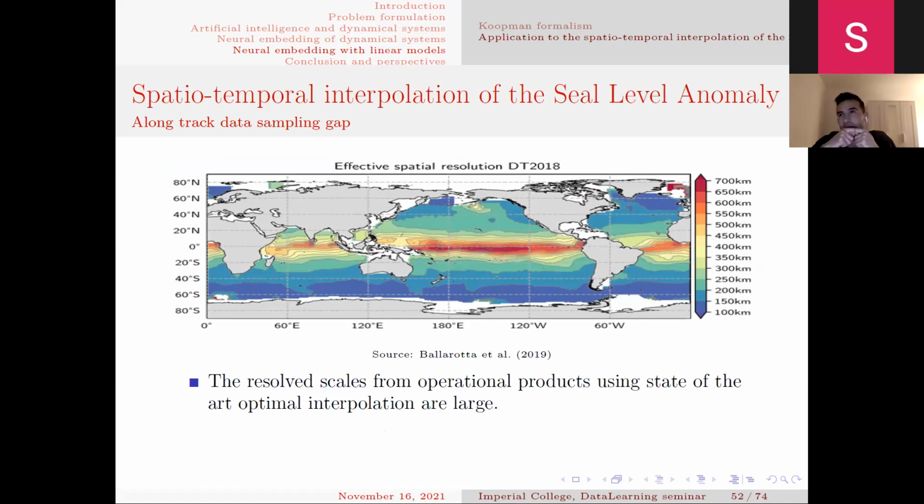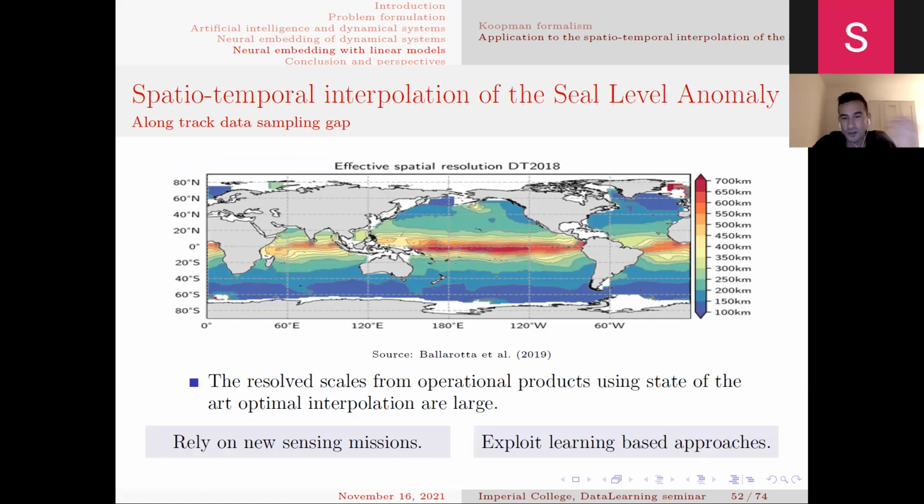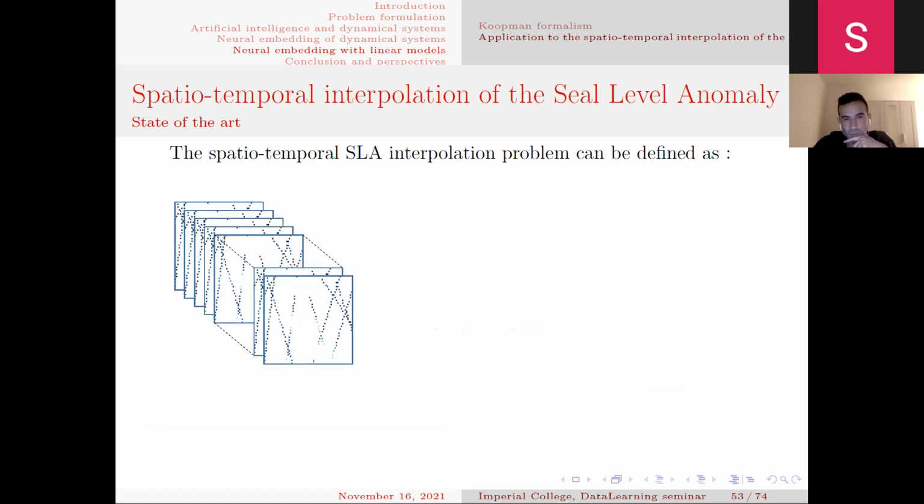Within both the satellite and physical oceanography communities, there is a huge emphasis on resolving high-resolution variability, which led them to either explore new sensing missions or to exploit learning-based and data-driven approaches.